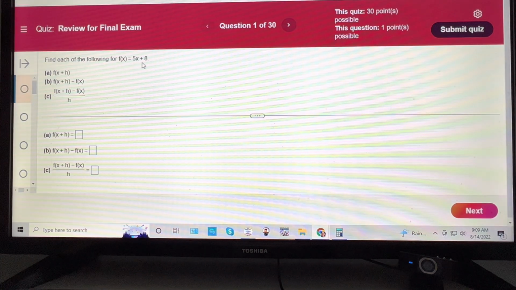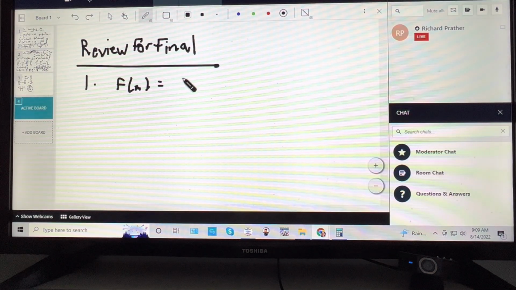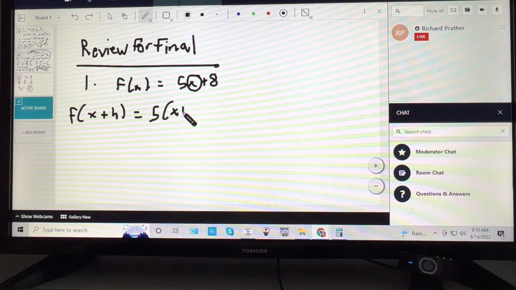So the function is 5x plus 8. And first they want you to do f of x plus h. That's part A. So you literally just stick an x plus h right there where that x is. So 5x plus 5h plus 8.